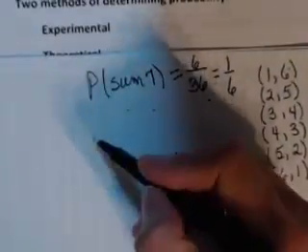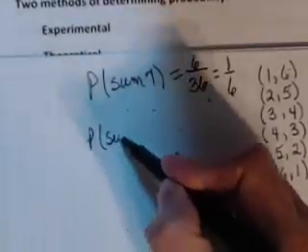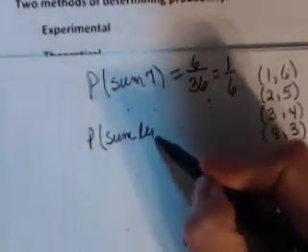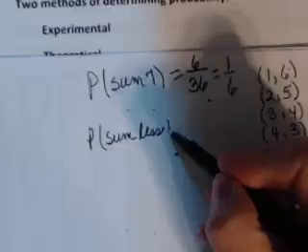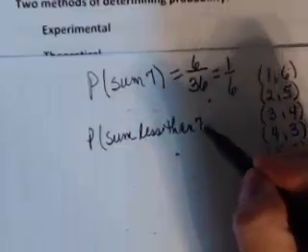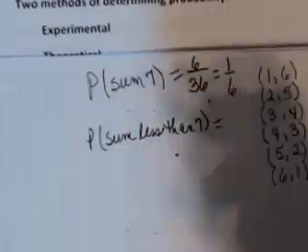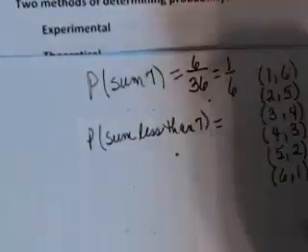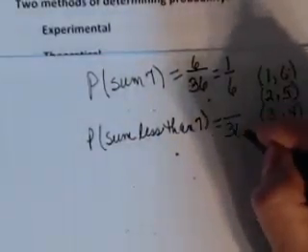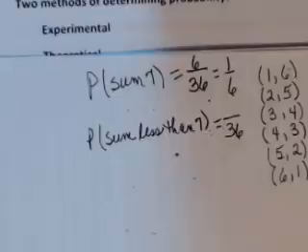If you were asked what is the probability that you would get a sum less than 7, then again it's just simply counting. Your denominator will always be 36 if you're rolling 2 die.